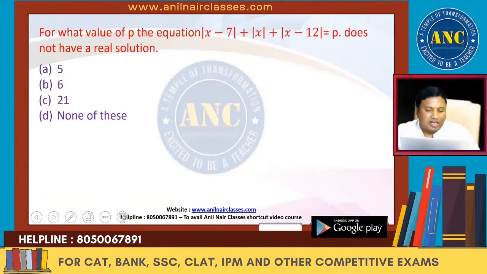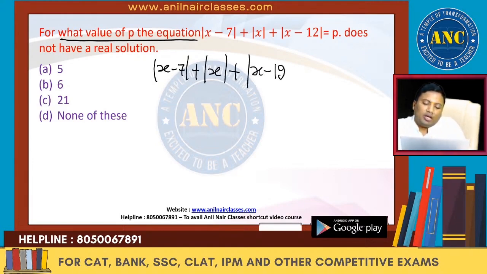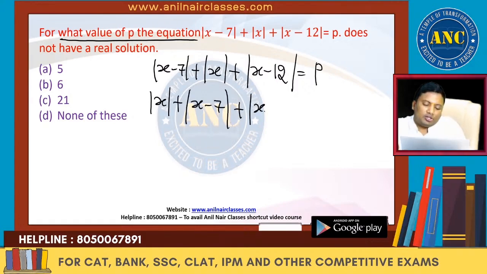With this understanding, let us solve this question. For what value of p, the equation mod x minus 7 plus mod x minus 12 equivalent to p. First arrange it in ascending order. Mod x plus mod x minus 7 plus mod x minus 12 is equivalent to p. So the critical points are 0, 7 and 12.